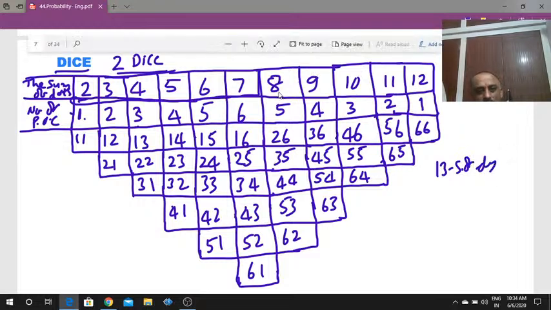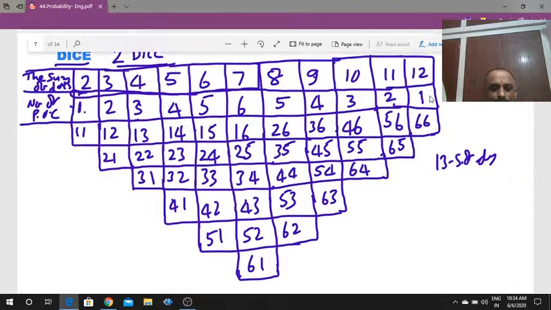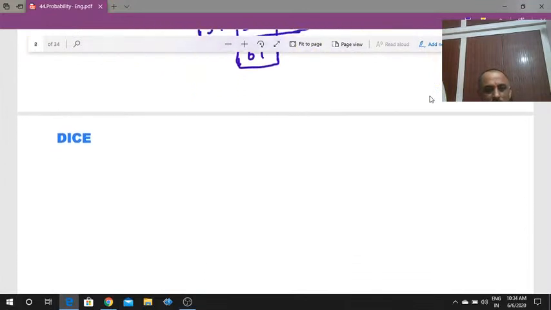For example, sum of dots is 8. How many possible outcomes are there? 13 minus 8, 5. 13 minus 9, 4. 13 minus 10, 3. 13 minus 11, 2. 13 minus 12 is 1. That is the number of possible outcomes. Please remember this value.